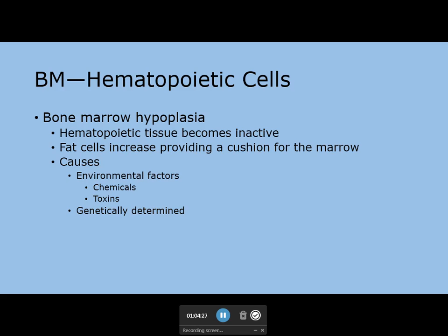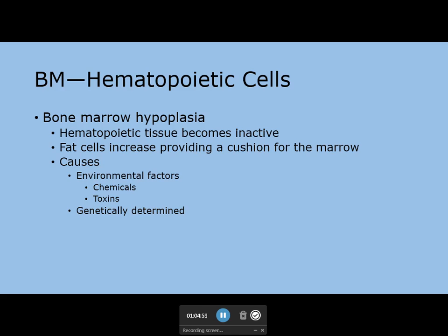Alright, so bone marrow hypoplasia. You need to learn hyper and hypo if you don't know that at this point. Hypo means below, so this is going to be a decrease in production of your bone marrow cells. Basically, tissue becomes inactive and fat cells increase. It's usually chemicals or toxins.